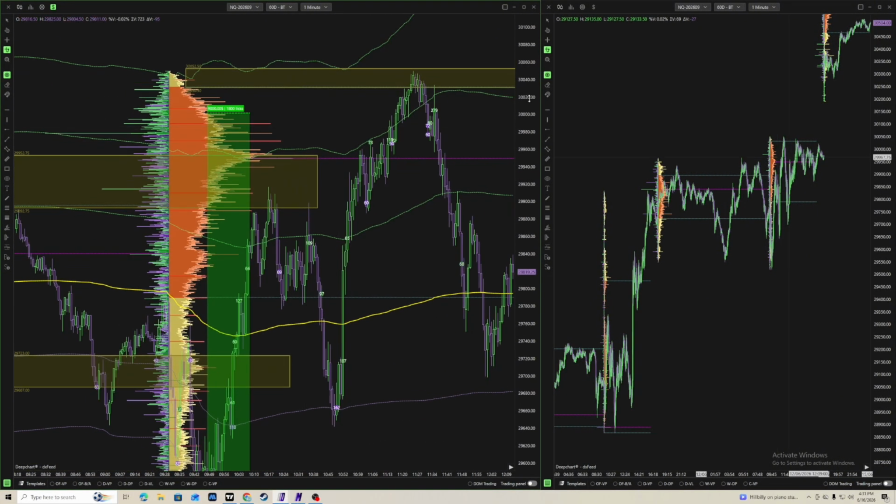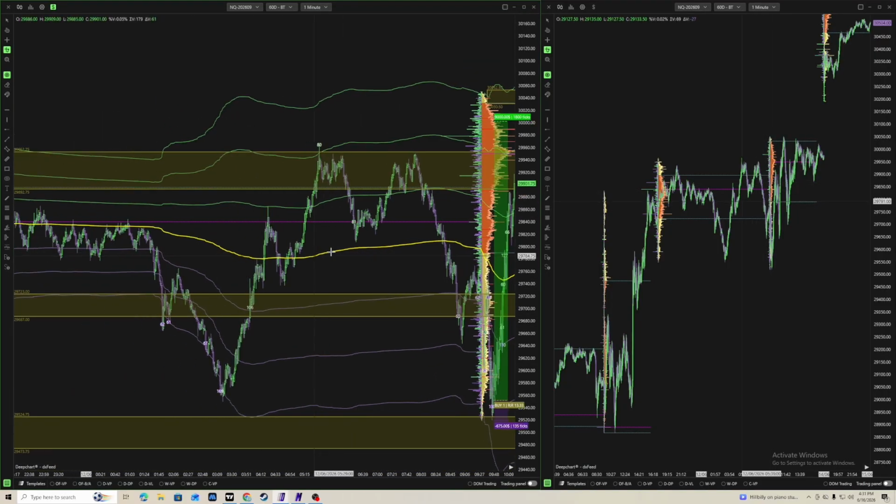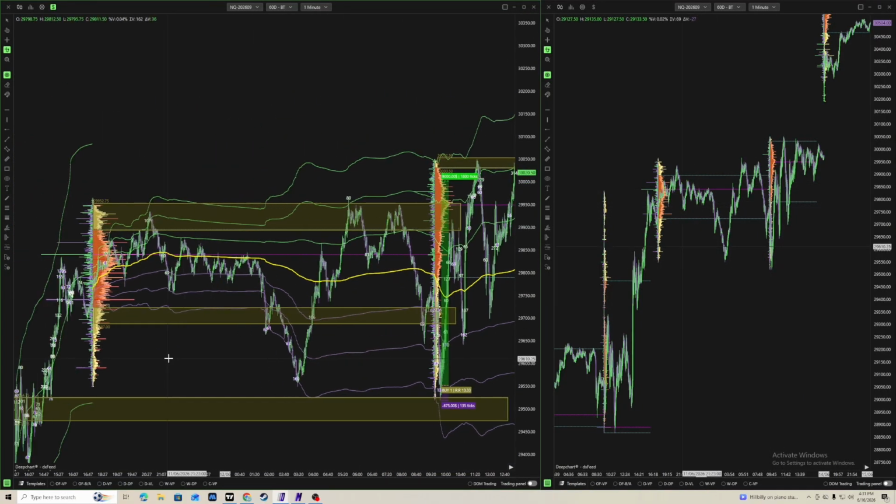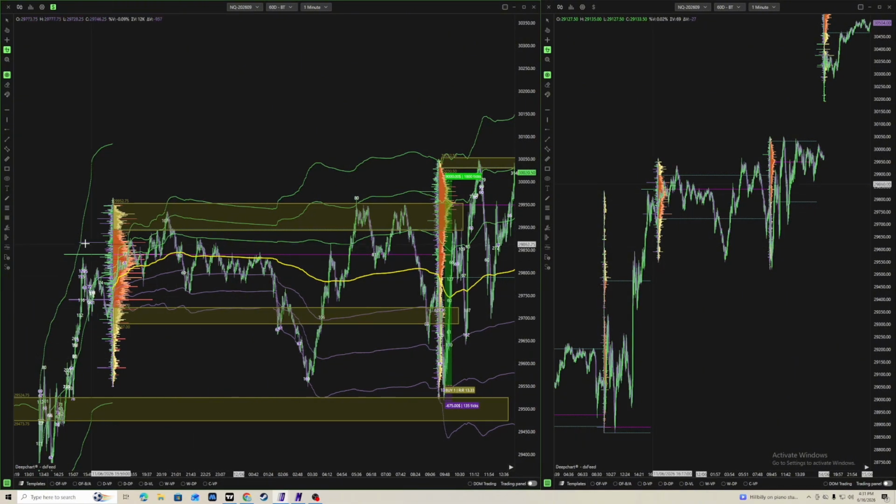Pretty textbook stuff. Again, I can look into where the most volume was transacted that session. Sellers around at the point of control. Heavy buyers are in control of the point of control. Sellers are in control right here.